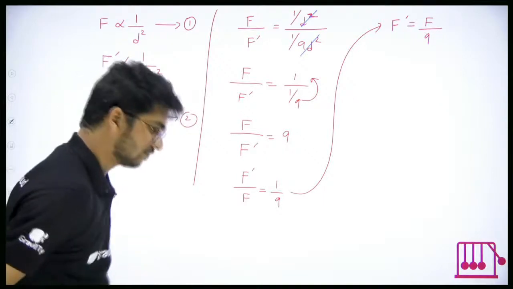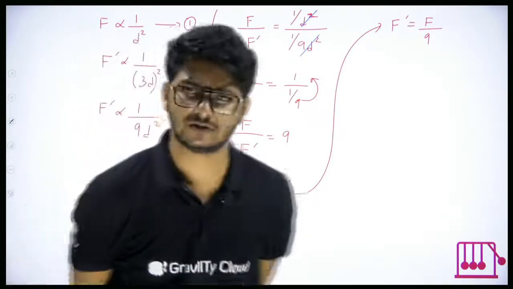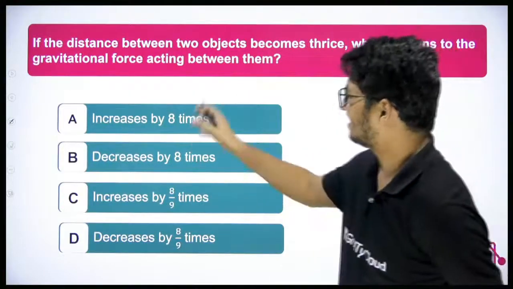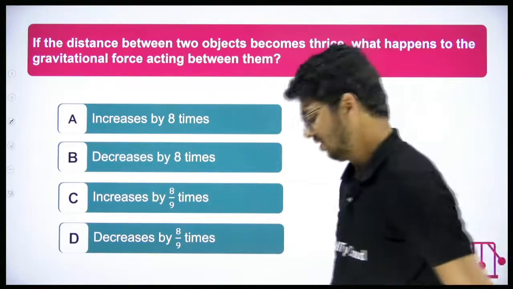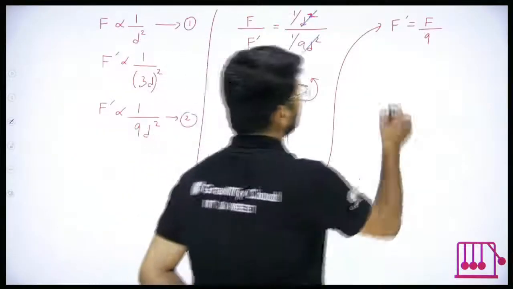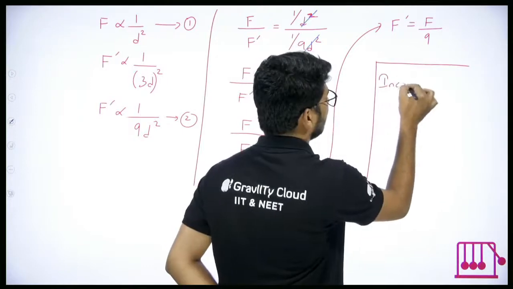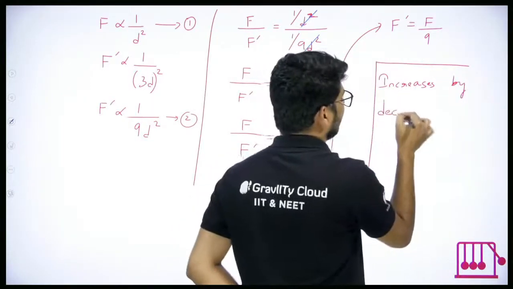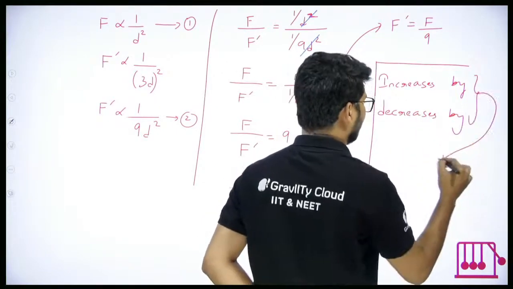Now this is fine. We got the final force. And if I look at the options, here it is given increases by, decreases by, increases by, decreases by. And when you say increases by or decreases by, you talk about change. When you come across this, these refer to the change.